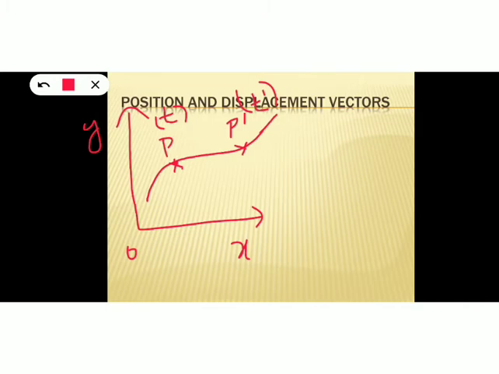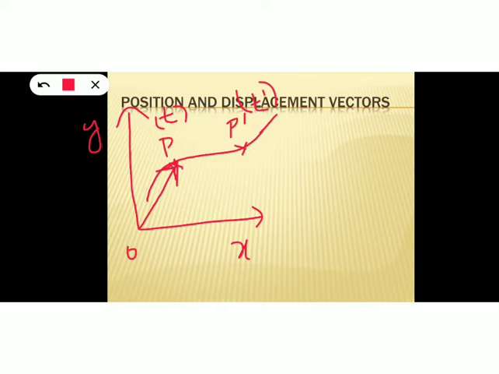Then just join O to P. So this line OP is a straight line that joins O and P, and this OP is the position vector of the object at the time t. Since it is a vector, we can represent it by an arrow mark. So OP is the position vector.